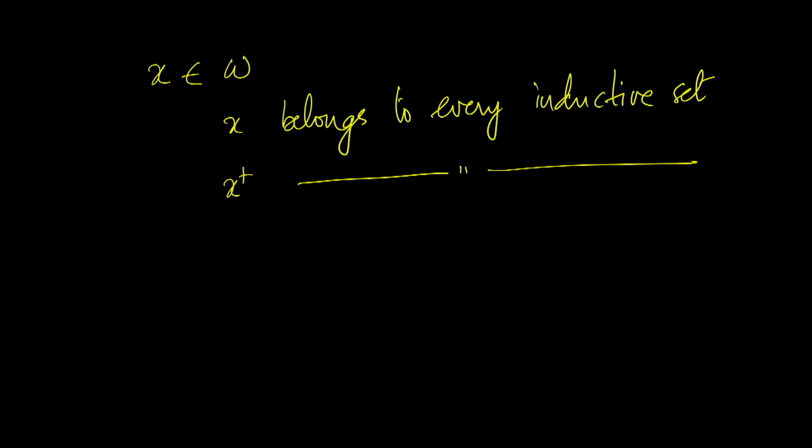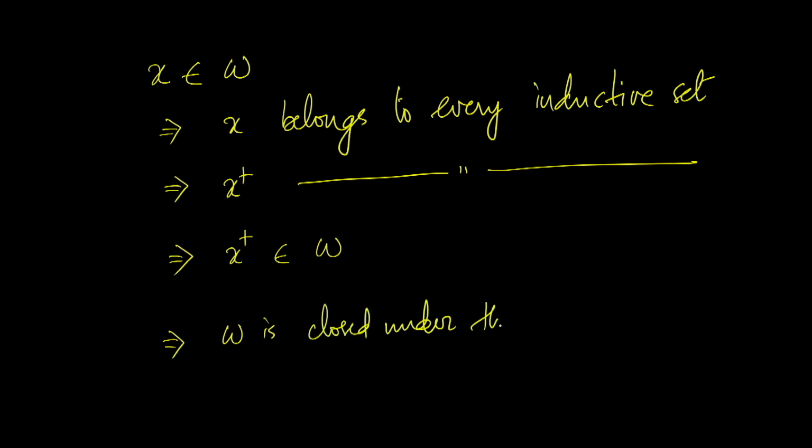In other words, X plus belongs to the intersection of all inductive sets, which is precisely what omega is, which means X plus belongs to omega. So what we have is this: if X belongs to omega, then X plus also belongs to omega, which means omega is closed under the successor operator. That is the second requirement for omega to be inductive.